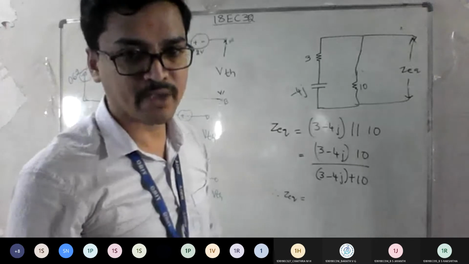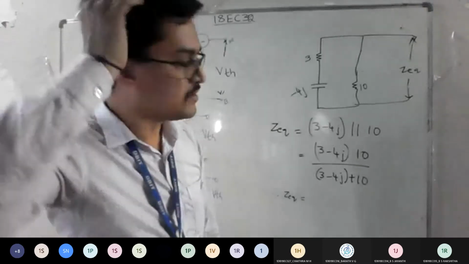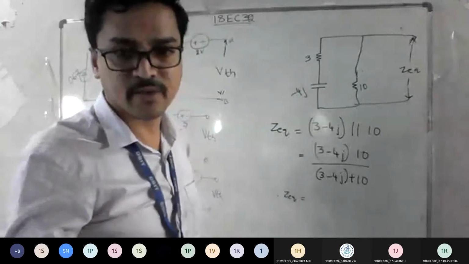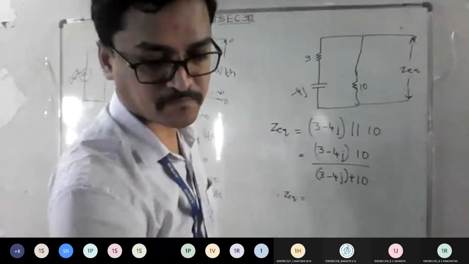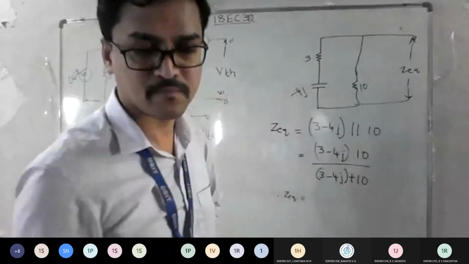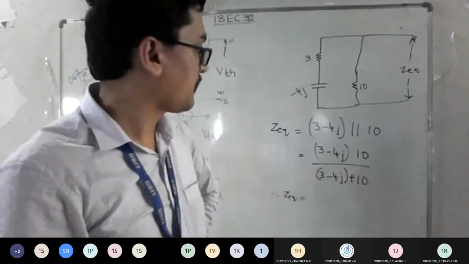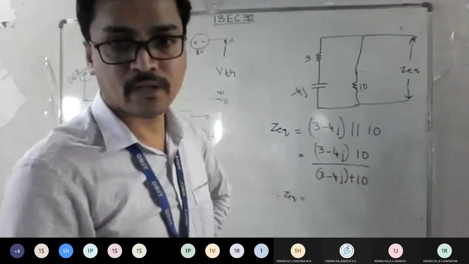You should know how to calculate manually also if there is no calculator. If you have a calculator with you, go with complex mode and get me the answer. How much here? Anyone got the answer?